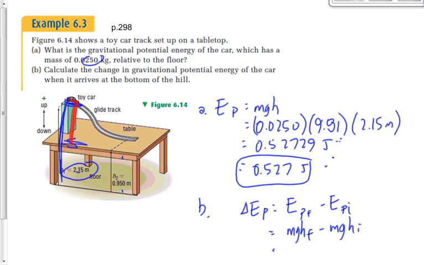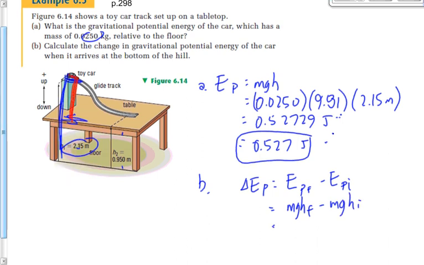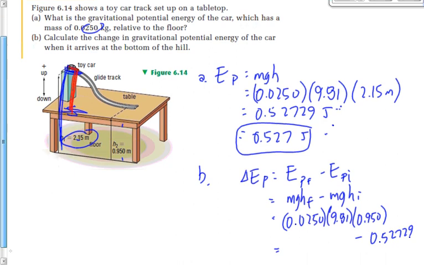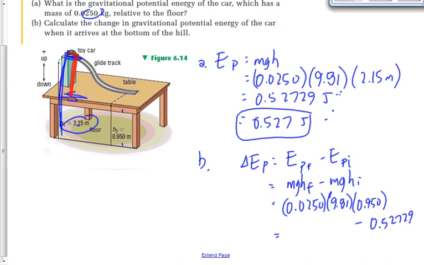We're going to say 0.0250 times the final height, which is 0.950, times 9.81, minus, well, we already calculated mghi, 0.52729. When I do that, I get negative 0.294 joules.